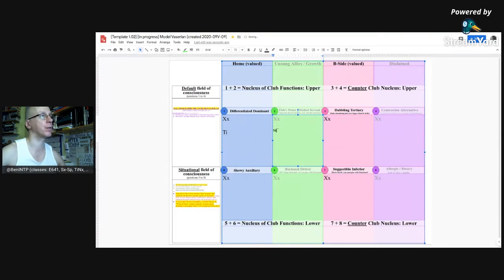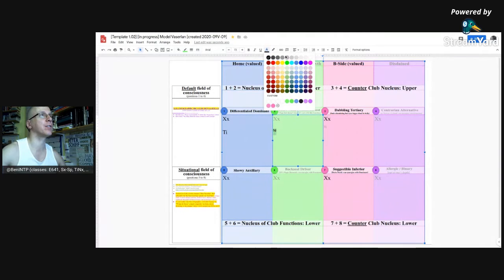Right. Default field of consciousness. Oh, dabbling. What do I dabble in? I dabble in SI. Text color. Actually, yes, make it that color.